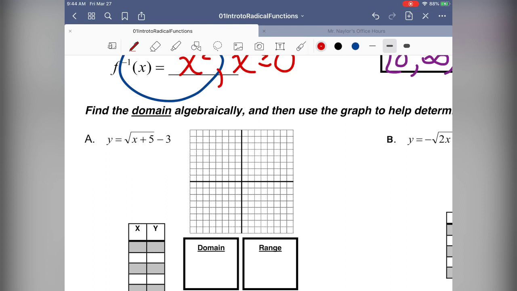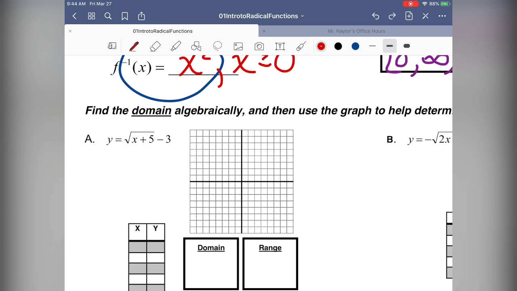And before we do this, it's usually helpful to think about what type of x values you're going to want to plug into your table. And that actually is just the same thing as the domain. Now, it turns out that the domain always involves the part of the problem that is under the radical, in this case, the x plus 5.